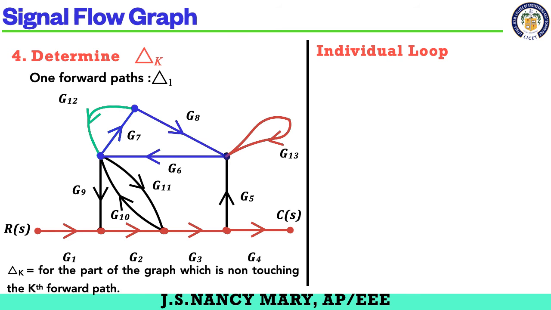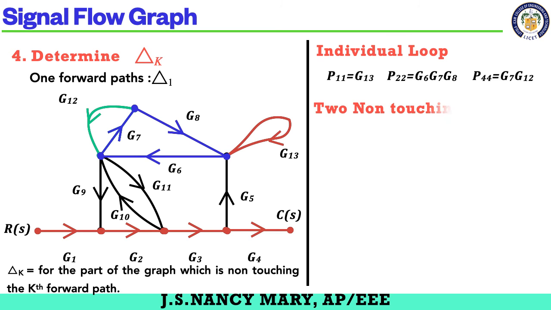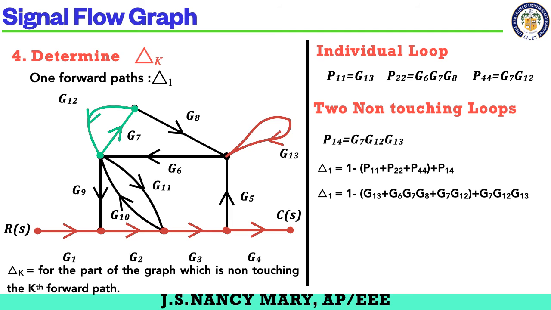And also the triangle loop is not touching. So P11, P22, P44 are not touching. Again for the two non-touching loops, P11 and P44 are not touching. So I could write my del 1 as 1 minus P11 plus P22 plus P44 plus P14. So rewrite the equation. This is my del 1.